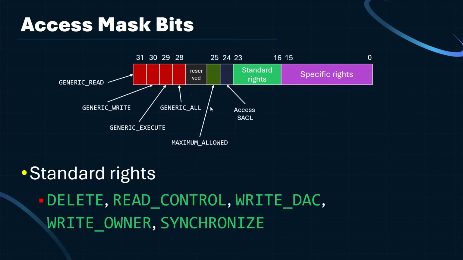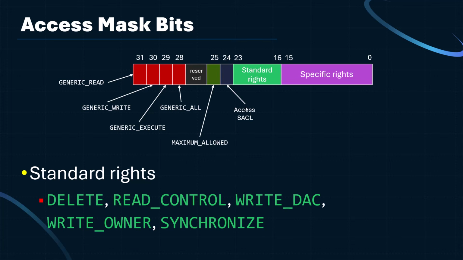Maximum allowed just indicates that I would like to get the maximum access masks that are available for me, the caller. If I'm trying to open a handle to some object, I'd like to get the most access I can get without failing. So it basically says, just give me the maximum that I can get. Whether that's good enough for what I'm trying to do or not depends on what I'm trying to do, but that's one way to go about it, just saying, give me whatever I can get.